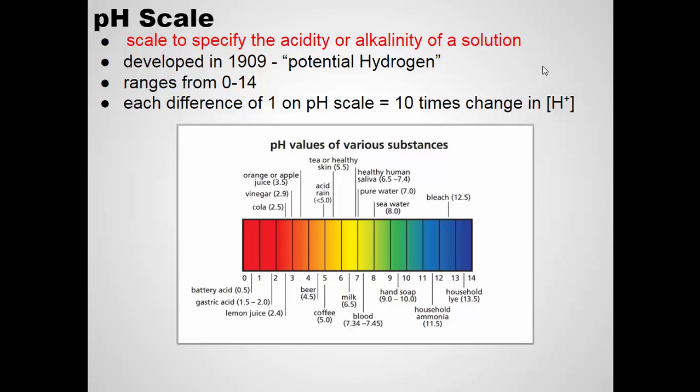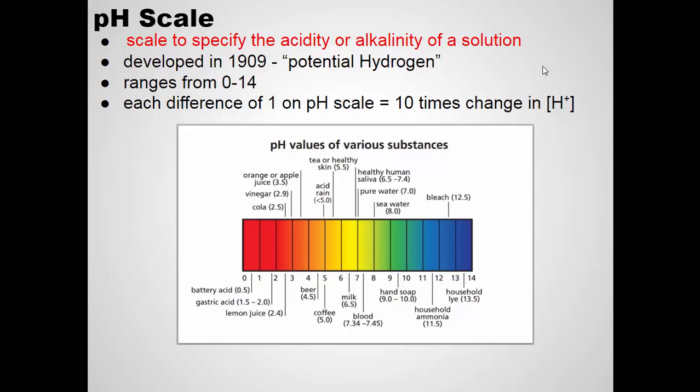The pH scale goes from 0 to 14, with 7 in the middle. 7 indicates neutral. And the lower the pH number, the more acidic the substance is. The higher the pH number, the more basic or alkaline it is.